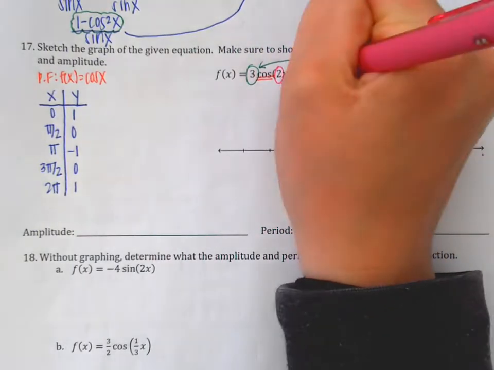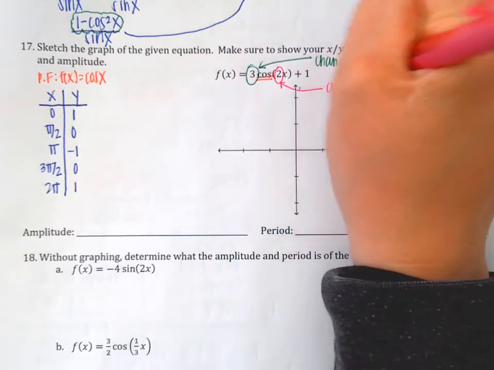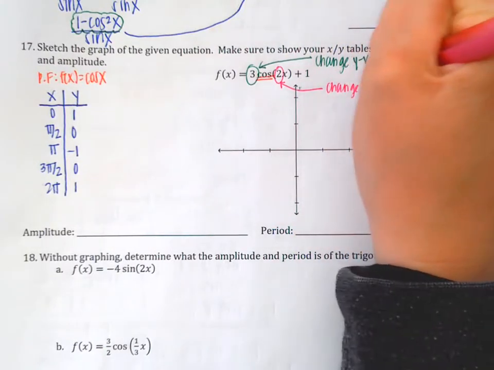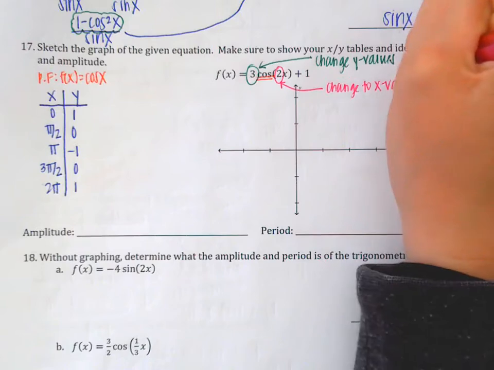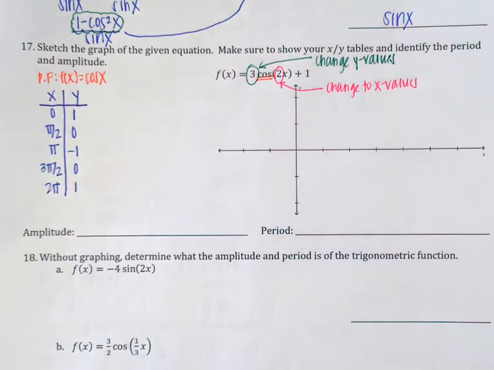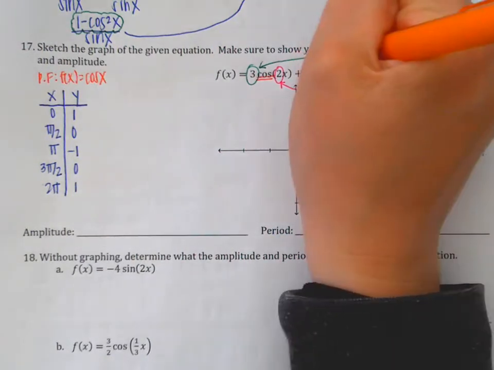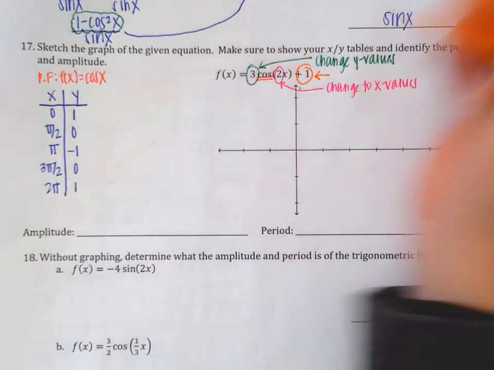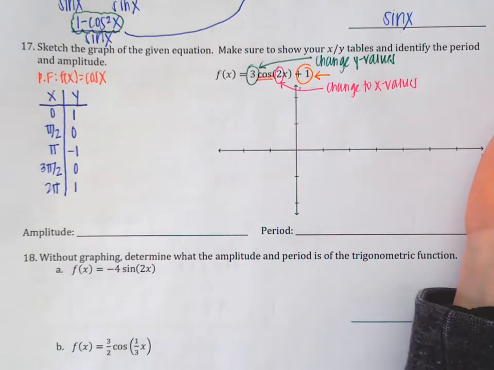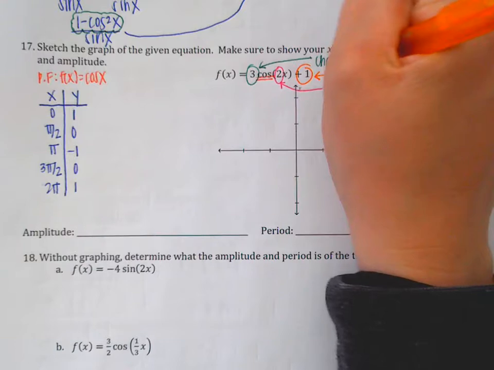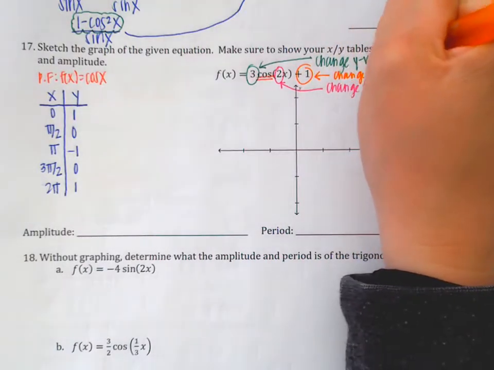If you're saying that's a change to the x, you would be right. And then we have one more. That +1, is that a change to the x or a change to the y? If you're thinking change to y, you are correct.